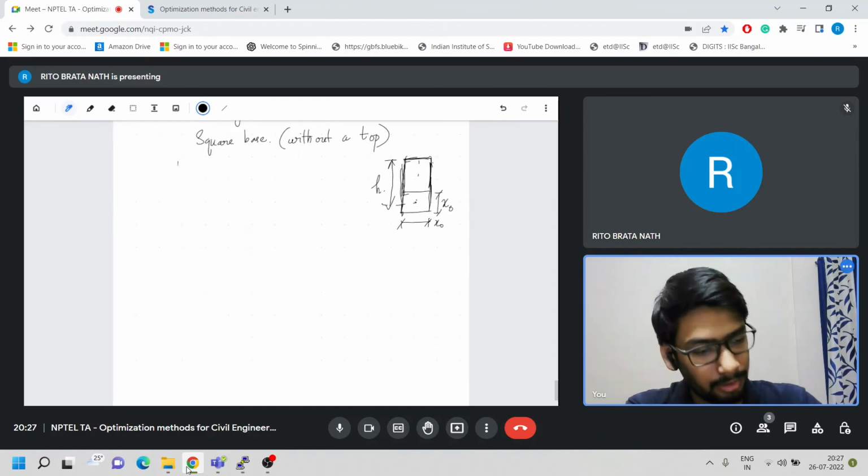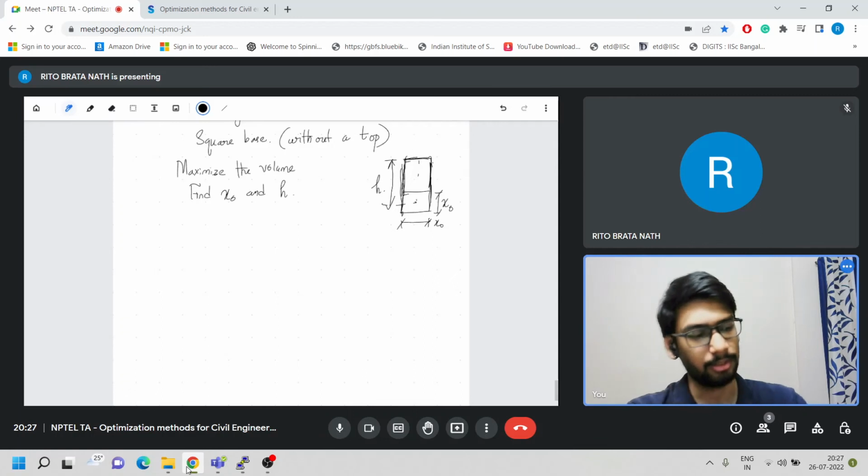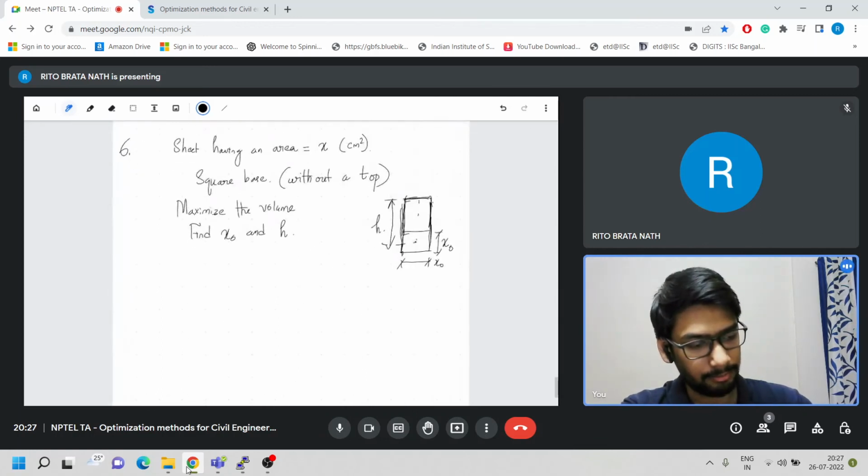So maximize the volume of this jar, find x naught and h. So let me get into the details of this problem.